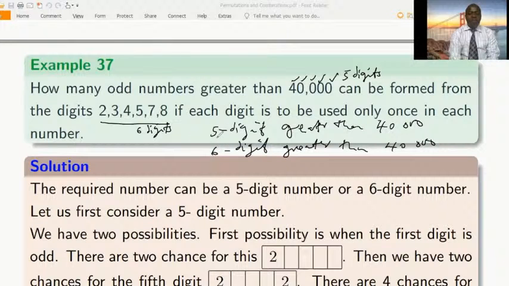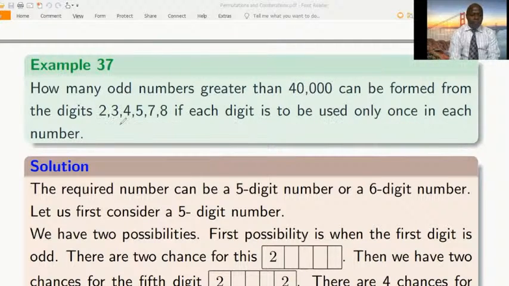Let's begin by forming a 5-digit number greater than 40,000. So the first digit could be either this, or this, or this, or this. If any of these is the first digit, then the number formed will be greater than 40,000.